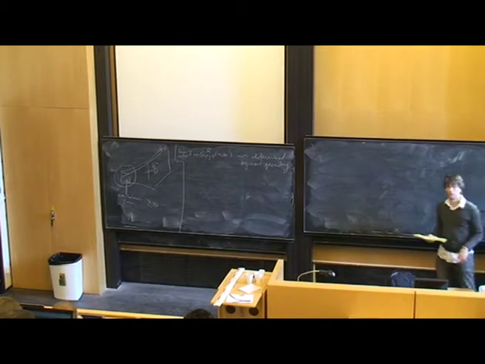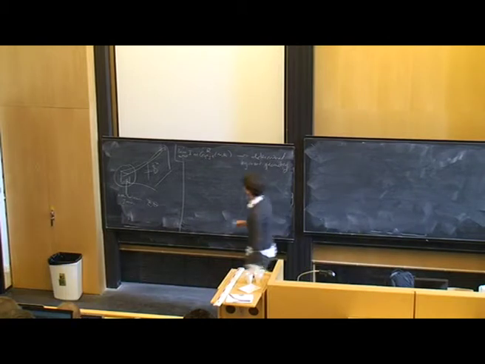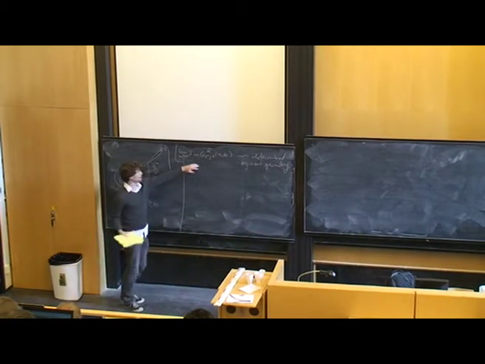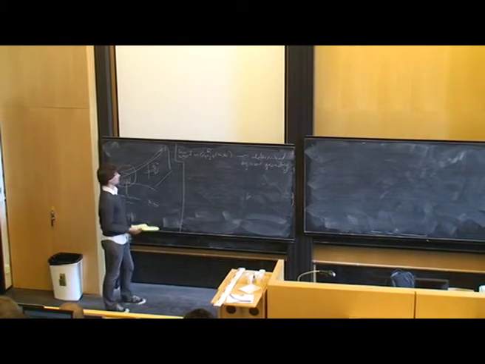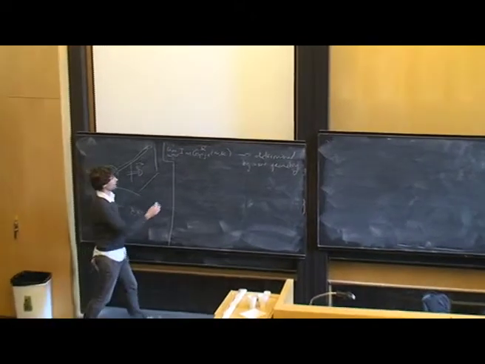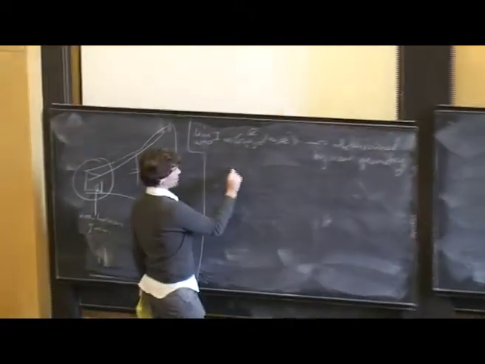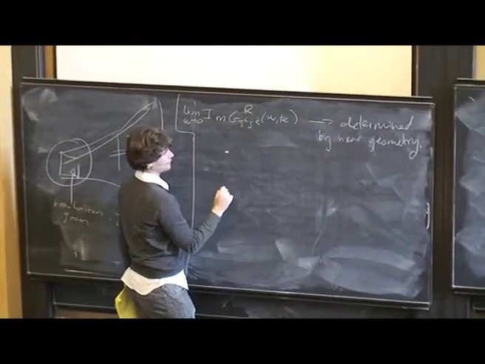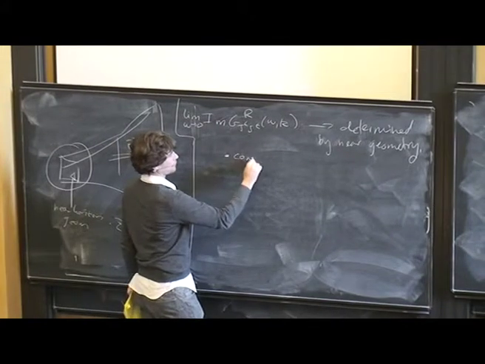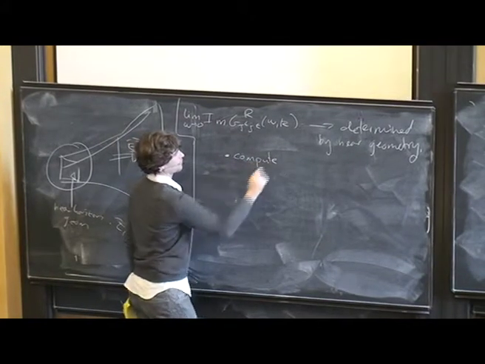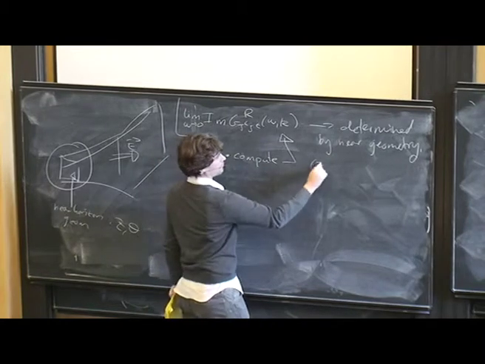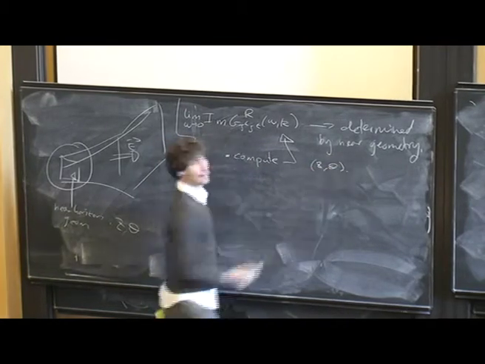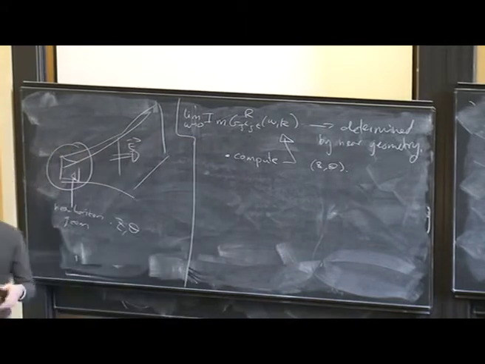So the plan this time is that first I'm going to motivate and write down some answers, what you actually get for this guy, what this actually looks like. And then secondly, we're going to see what this is good for. So for the next hour, I'm going to tell you the answer for different values of z and theta, and we're going to see what that tells us about the phase of matter.